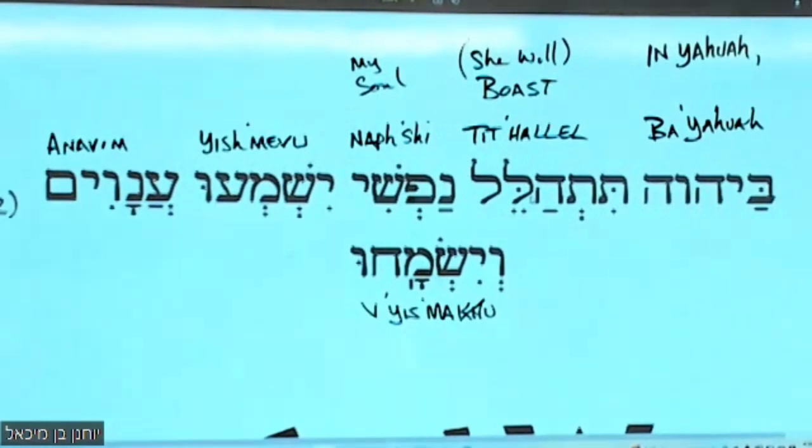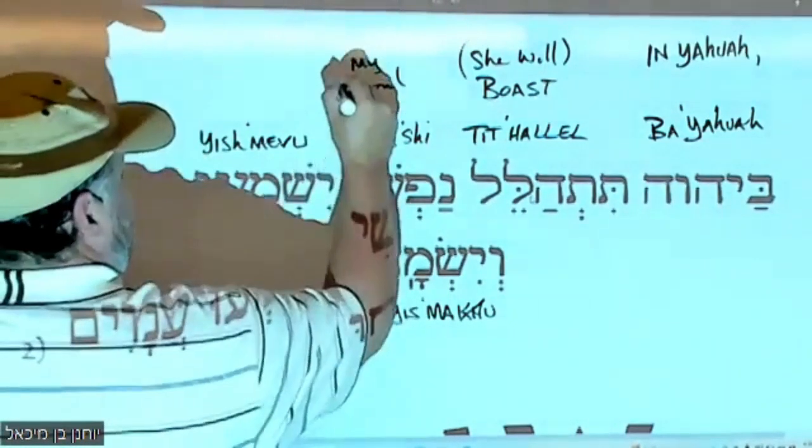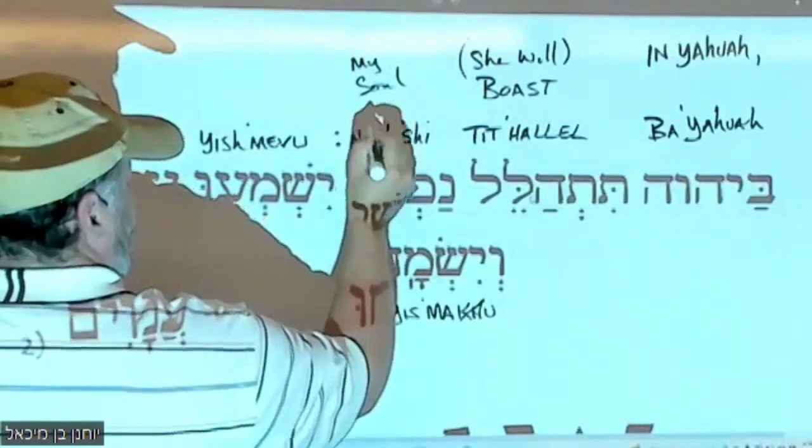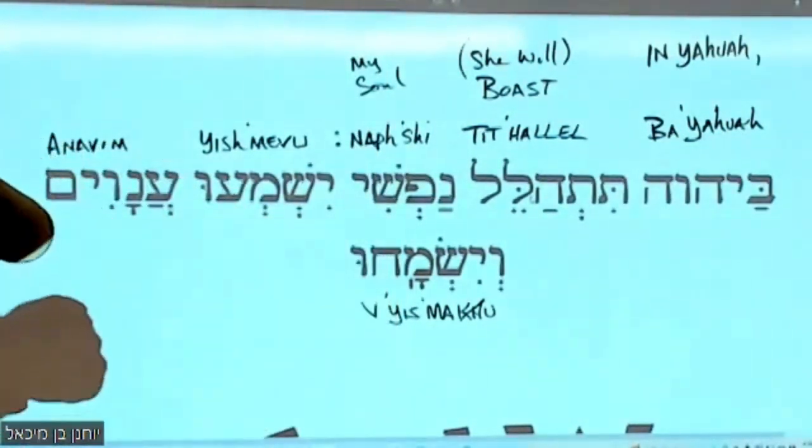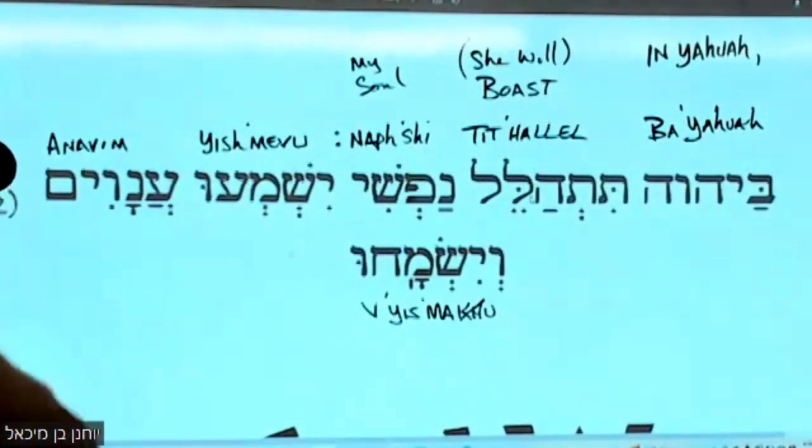She's going to celebrate, right? My soul. And then we're going to put a colon here. We're going to stop that thought right there, okay? So if we were to say it in English, we would say, my soul will boast in Yahweh, right? Or my soul will celebrate because of Yahweh. It all comes back to the same thing.